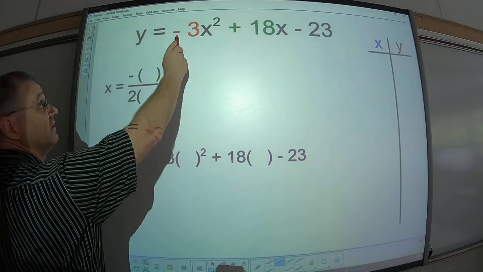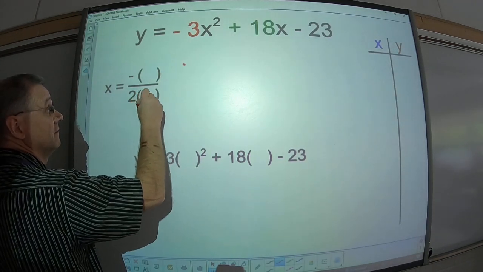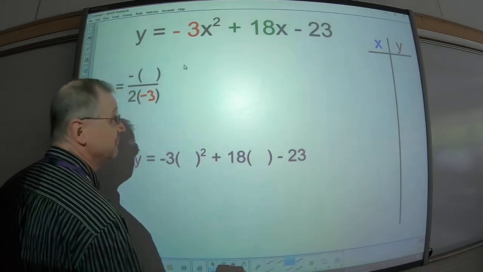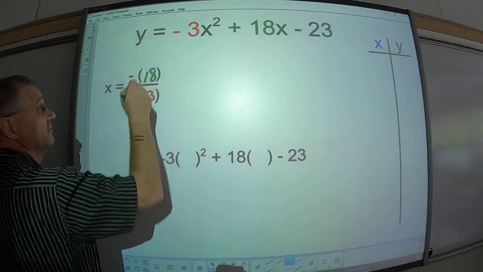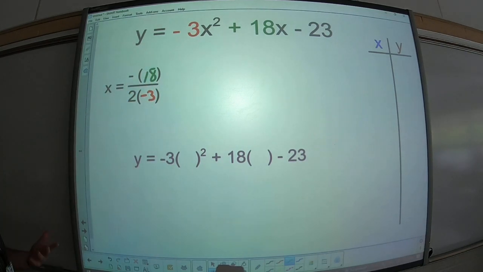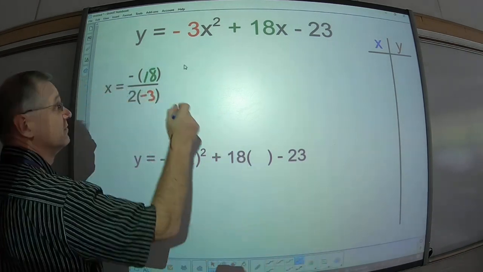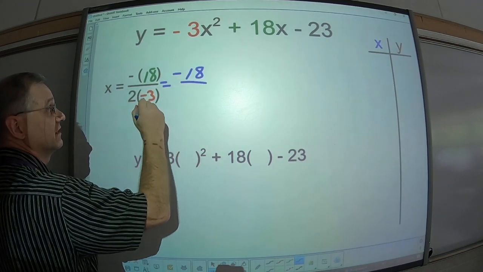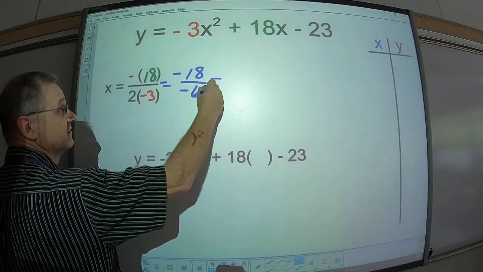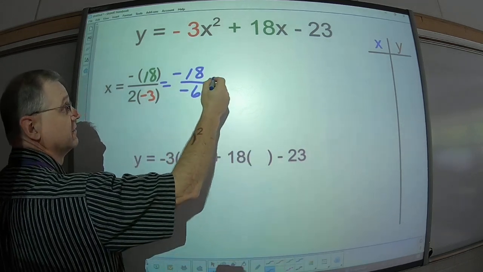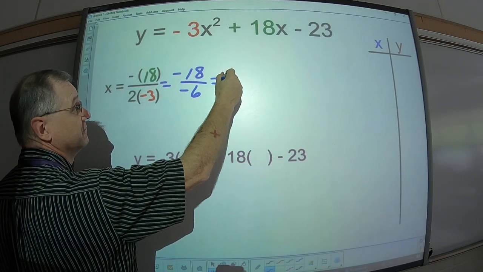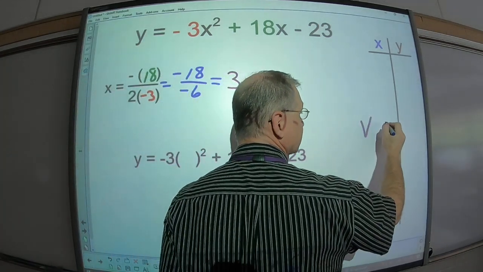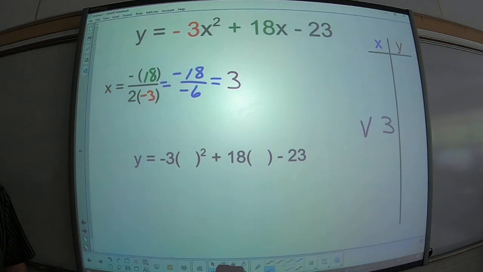So the a value is negative 3, and the b value is positive 18. Plugging that in and simplifying, negative 18 on top, 2 times negative 3 is negative 6. The result is positive 3. So the vertex x value is 3.